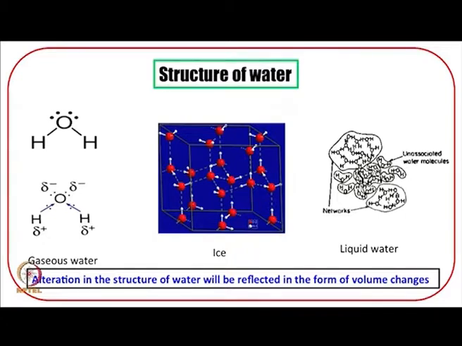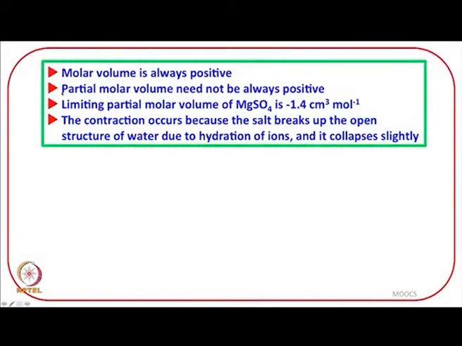As an example, I was discussing molar volume is always positive. Partial molar volume need not be always positive, and if we take the example of magnesium sulfate, then the limiting partial molar volume, means partial molar volume at infinite dilution, is minus 1.4 centimeter cube per mole. This is negative.